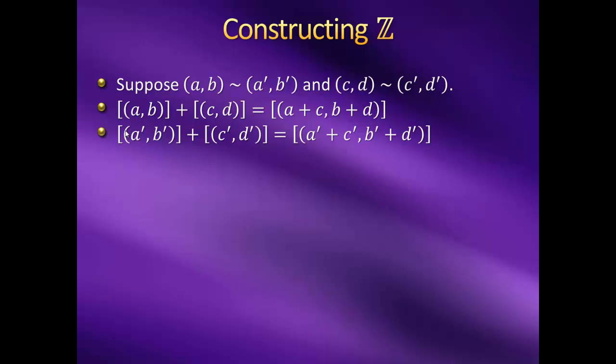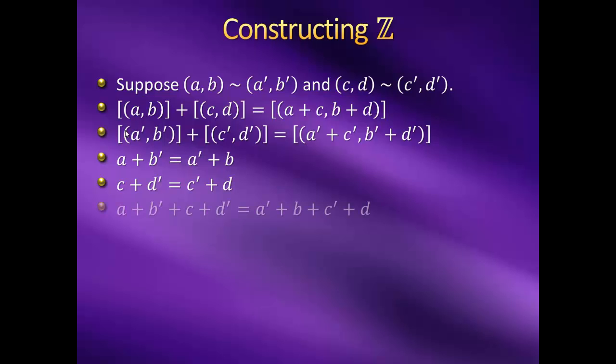Since (a, b) and (a', b') are in the same equivalence class, by our definition of the relation, we can conclude that a plus b' is equal to a' plus b. And similarly, c plus d' equals c' plus d.